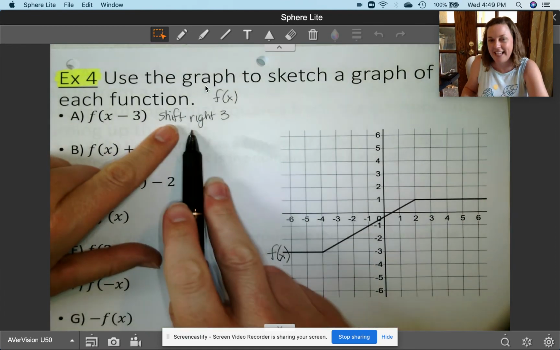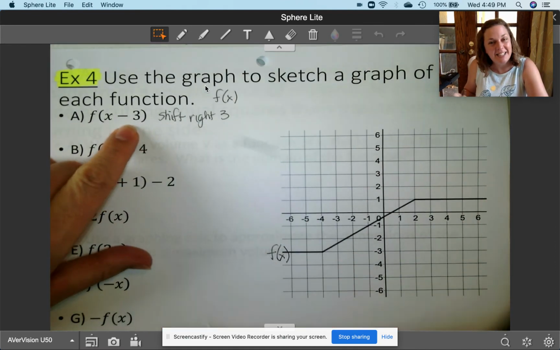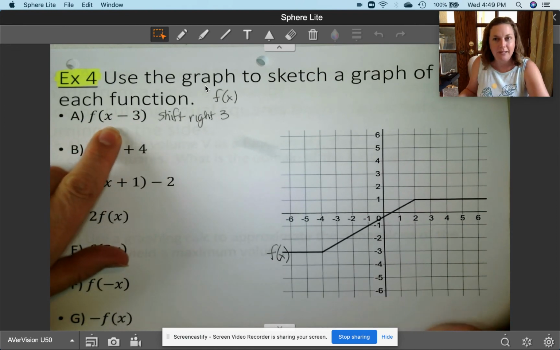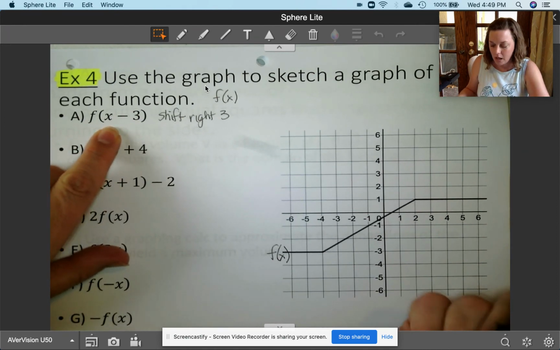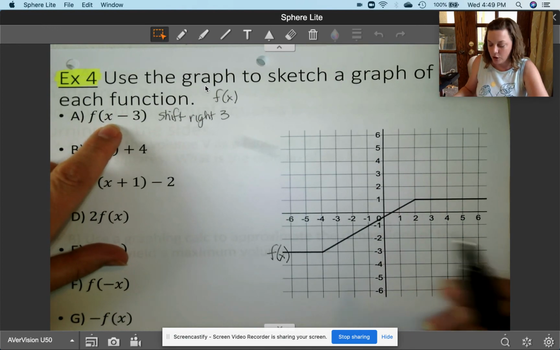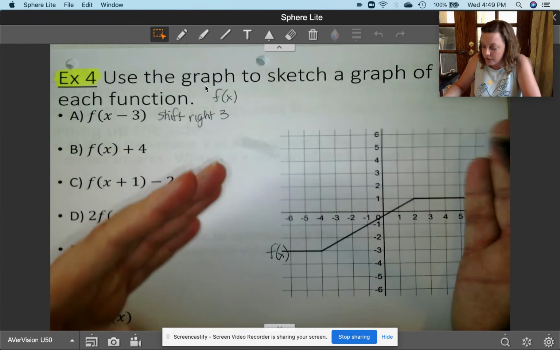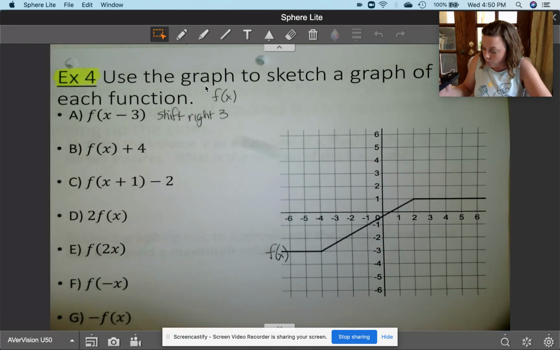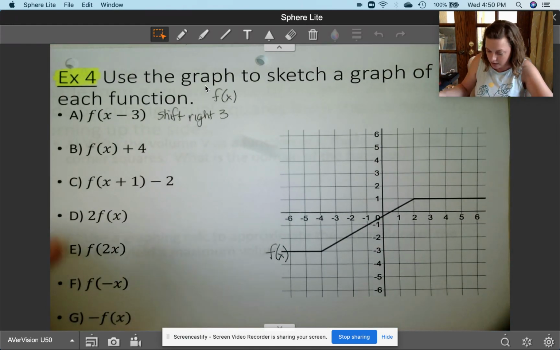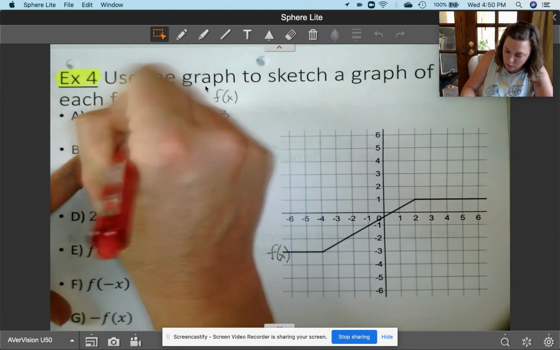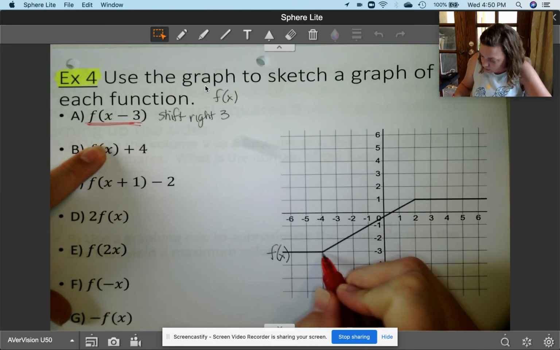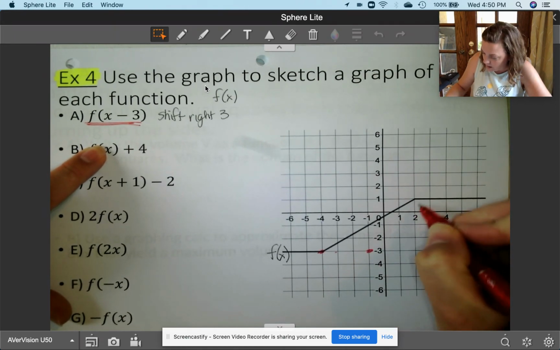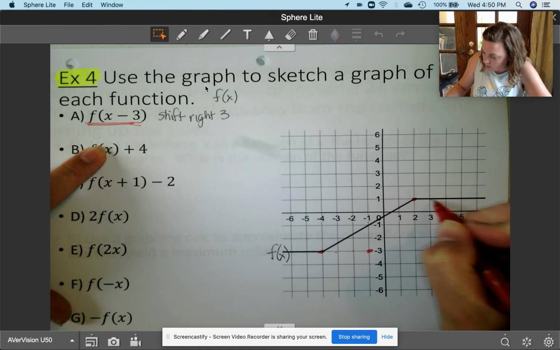So I know you said that the x minus 3 always shifts the graph to the right 3. Remember, everything with x is always opposite. Even if you think x minus 3 should shift it to the left 3, it doesn't. Everything with x is opposite. So we're going to shift right 3, and I'm going to try and color code this. I take this point and shift it 1, 2, 3 to the right, and I take this point and count 1, 2, 3 to the right.